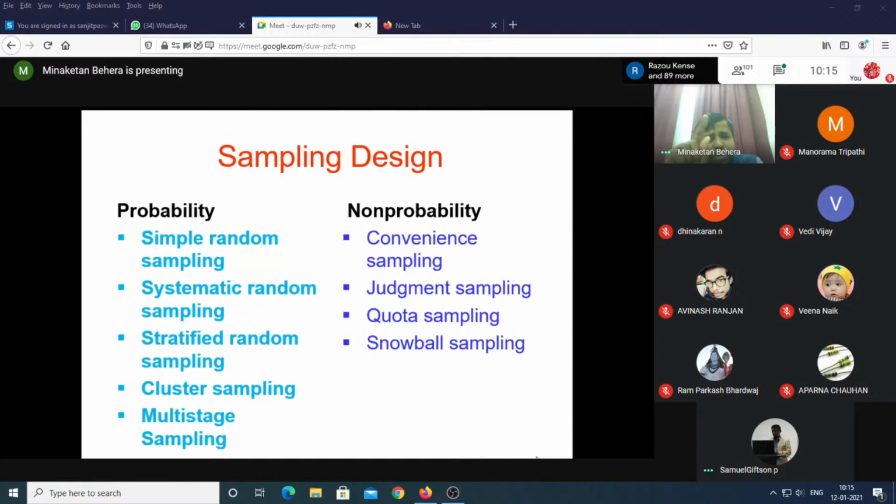I will explain these in detail. Please read the slide and listen to what I am saying. Another one is non-probability sampling. There you will find convenience sampling and judgment sampling, which is otherwise called purposive sampling. Then there are quota sampling and snowball sampling.